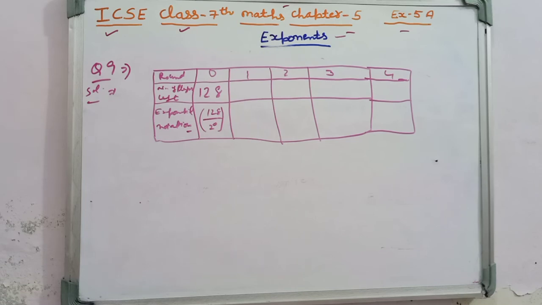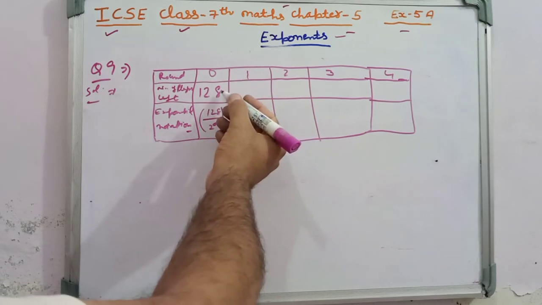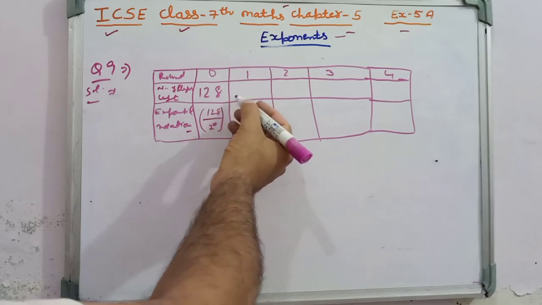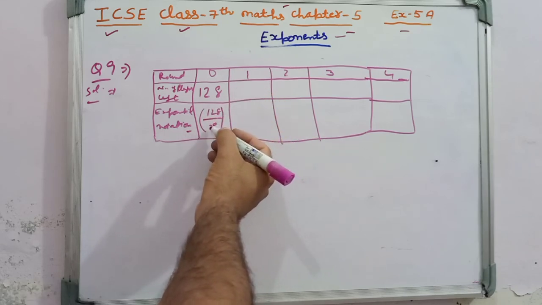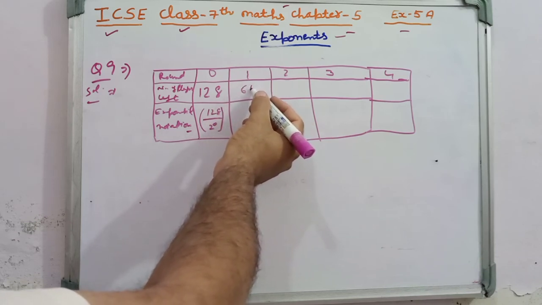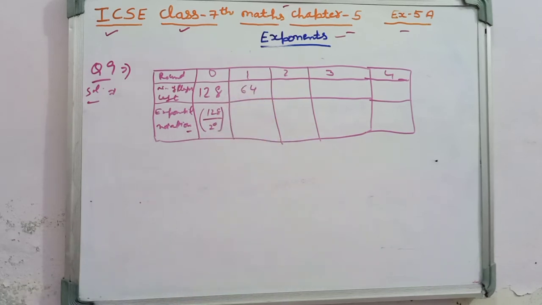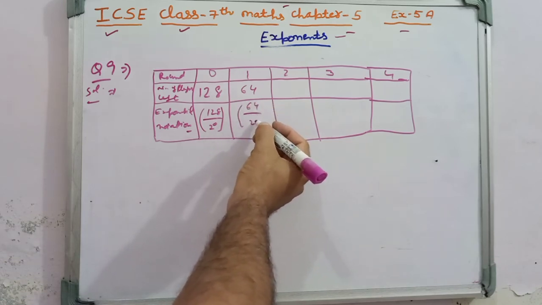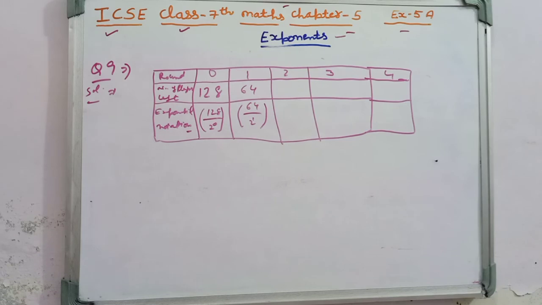Now here how many players will be left? 64. So this is round 1, 128 upon 2 raised to power 1.